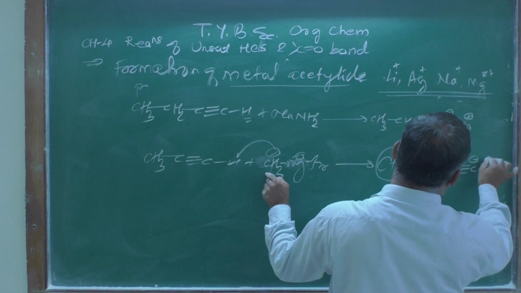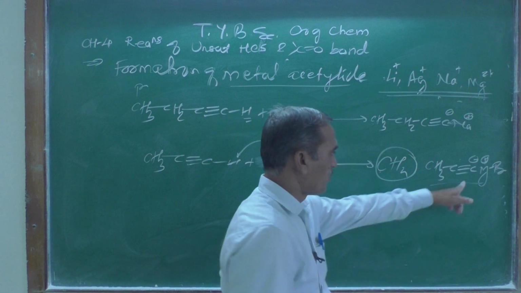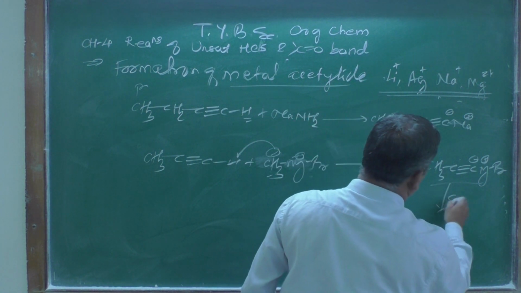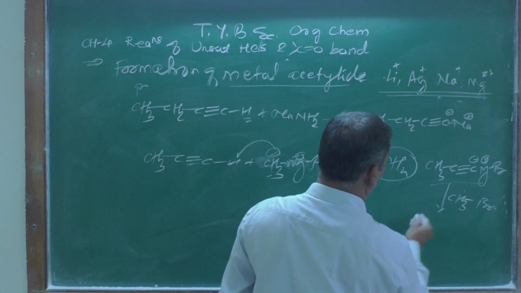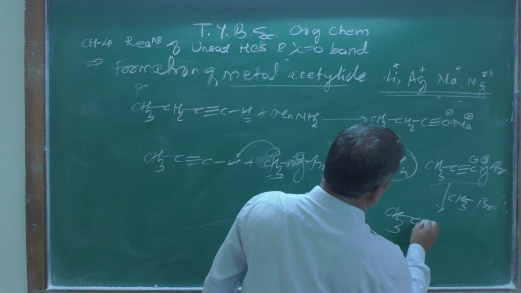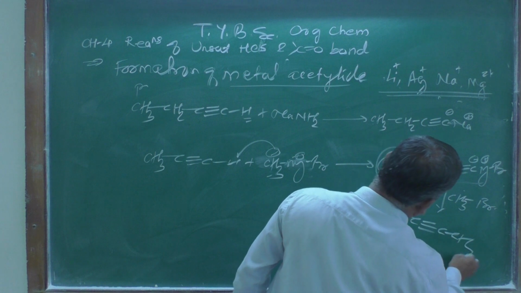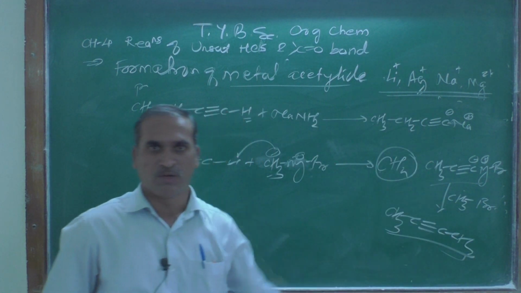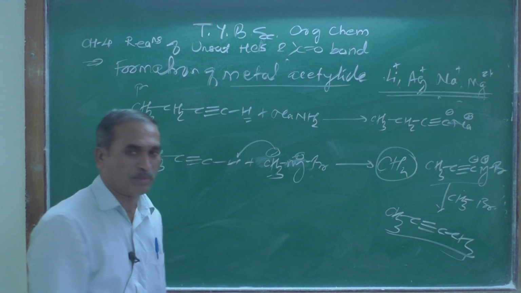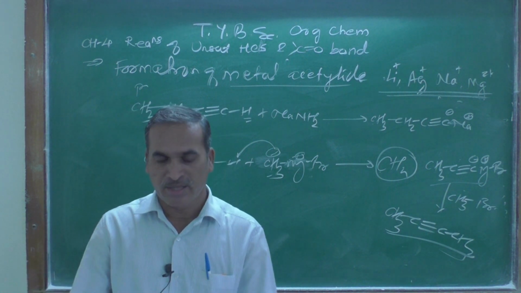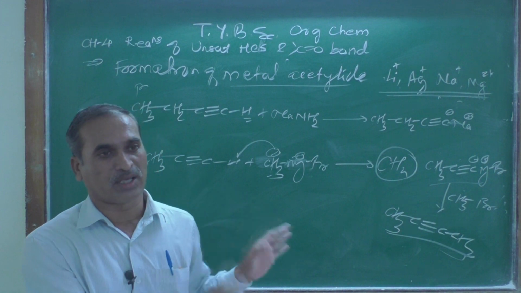Here is a minus charge, here will be the positive charge. If you treat with CH3Br, methyl bromide, what do you get? You can prepare CH3, C triple bond C, then CH3, that type of 2-butyne we can easily synthesize. Meaning from a lower alkyne we can prepare a higher alkyne. That is a synthetic application of this.